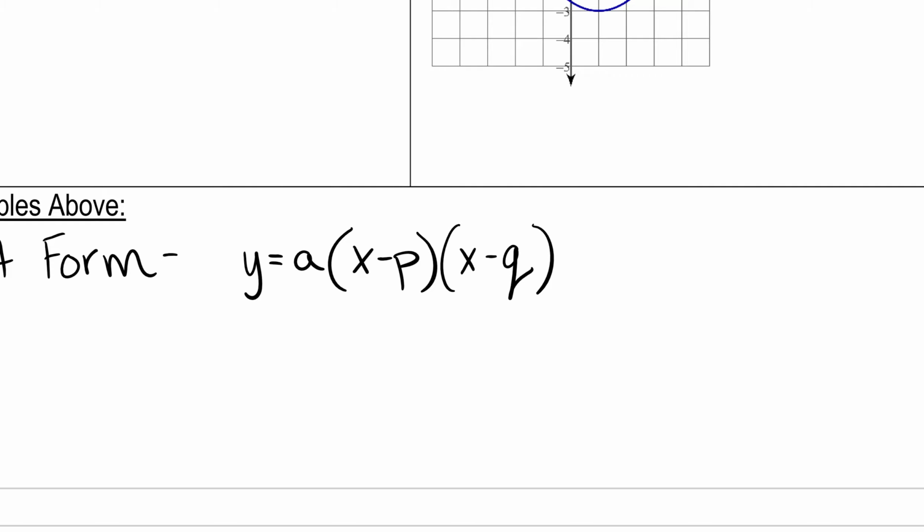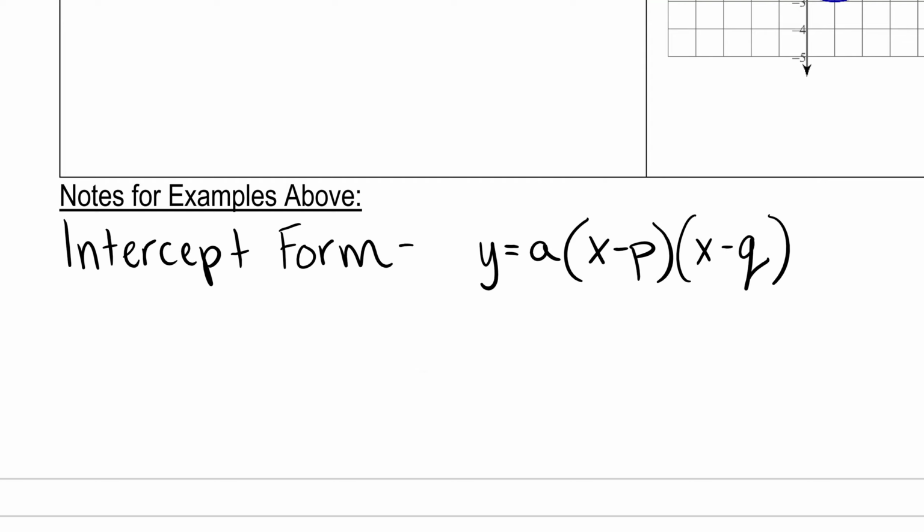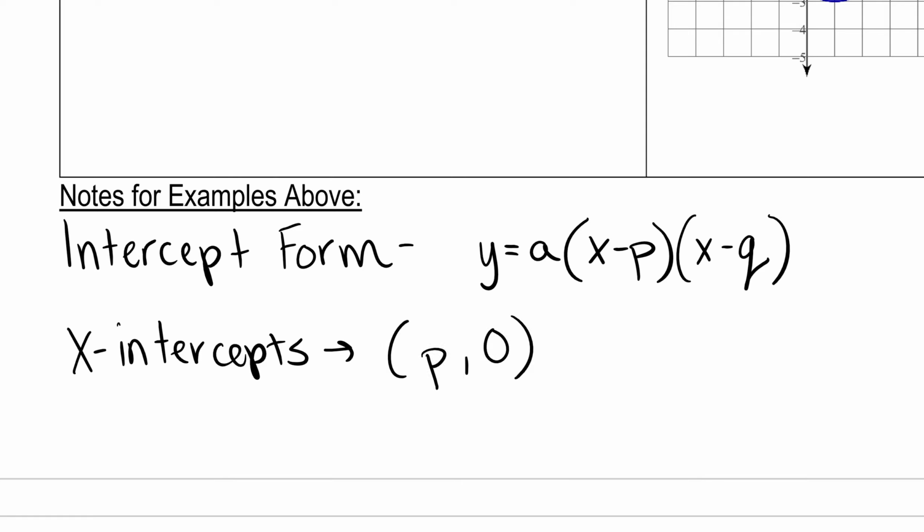Okay, and then of course if you don't remember from before, my x-intercepts, when it gives it to me, I should have two, right? So my first one is going to be (p, 0) and (q, 0).